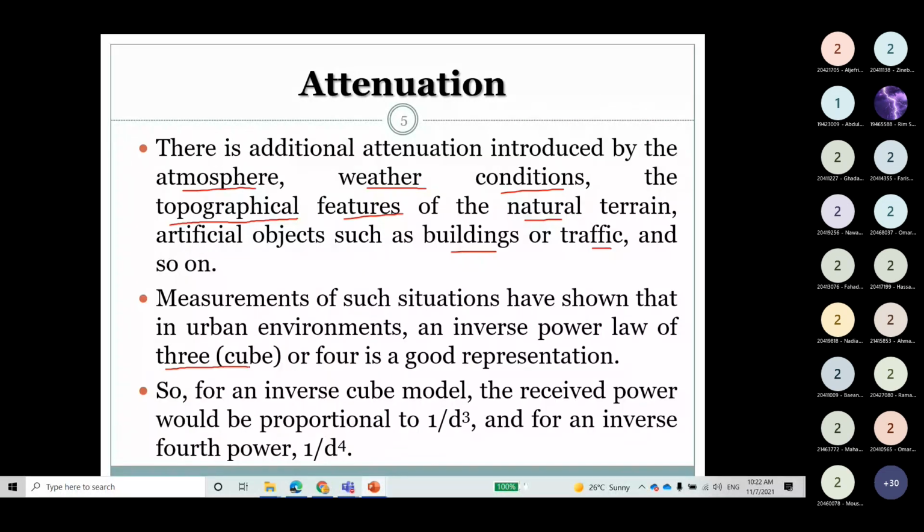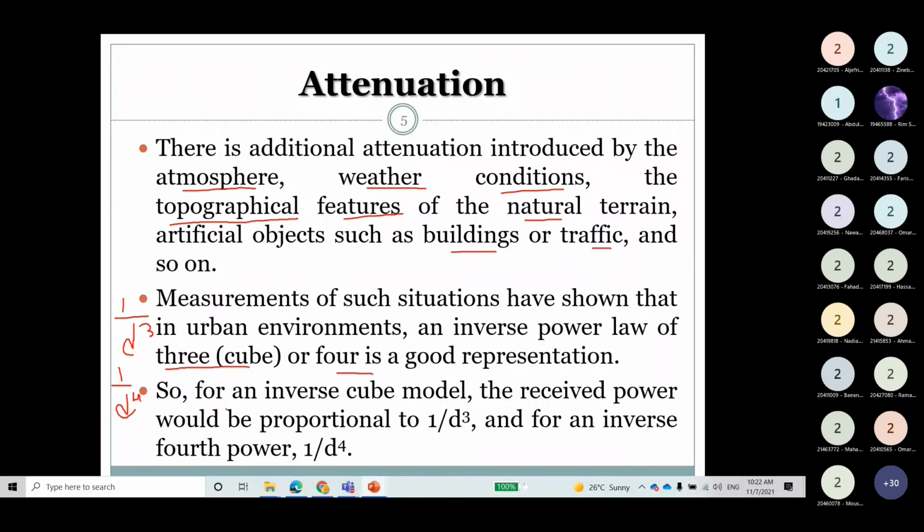Because in urban environments we have many buildings, many traffic, many obstacles for this signal. So the signal will be reduced enormously, hugely. Here we can have 1 divided by d cube, or 1 divided by d power 4. It is not just the square of the distance.